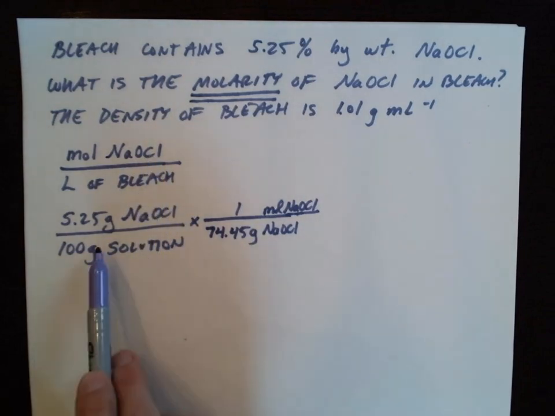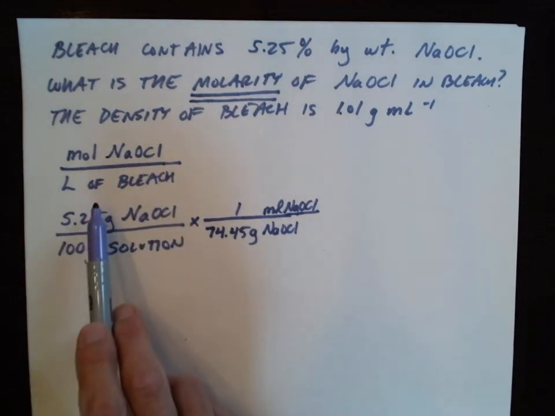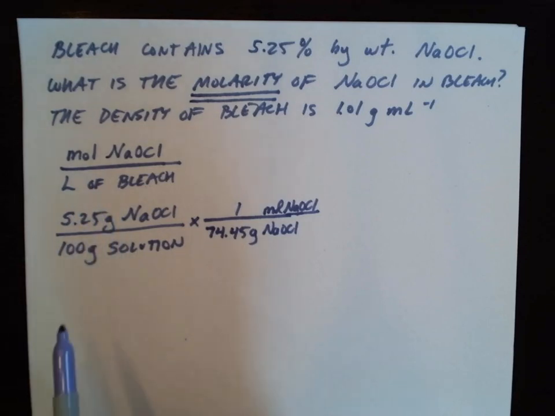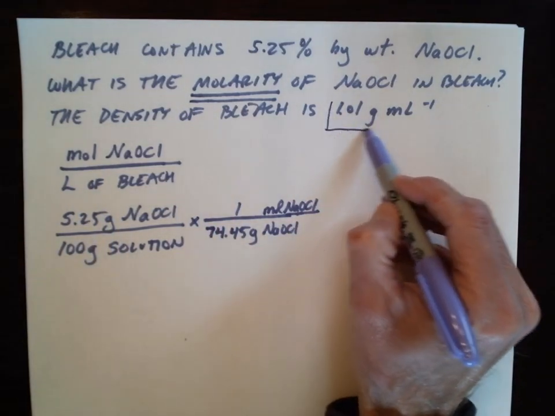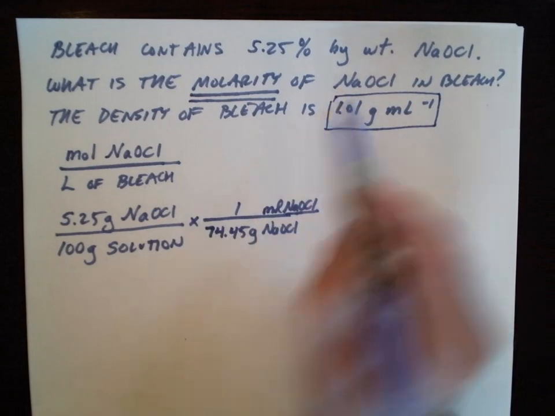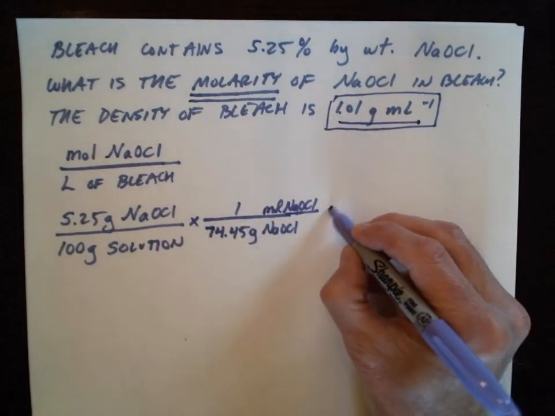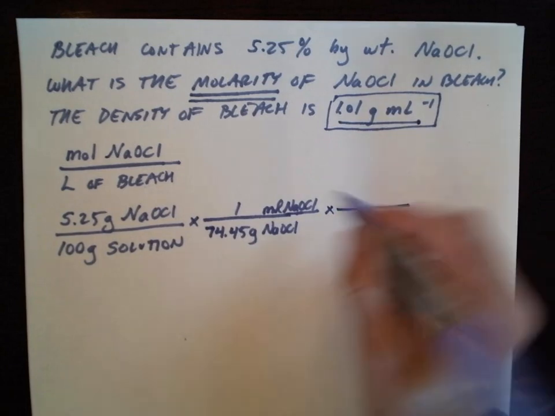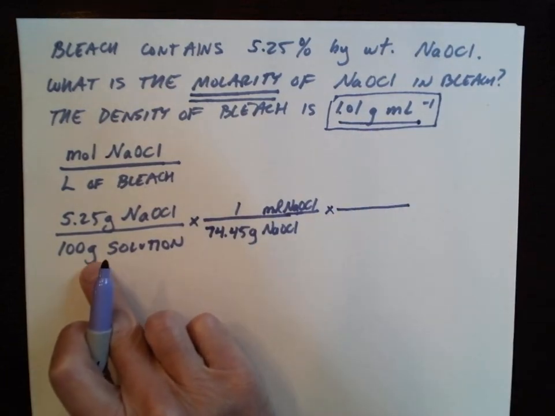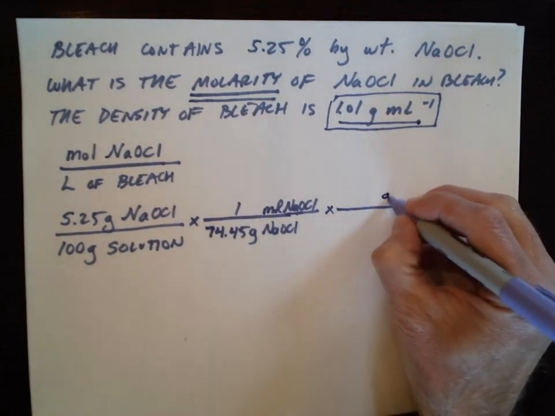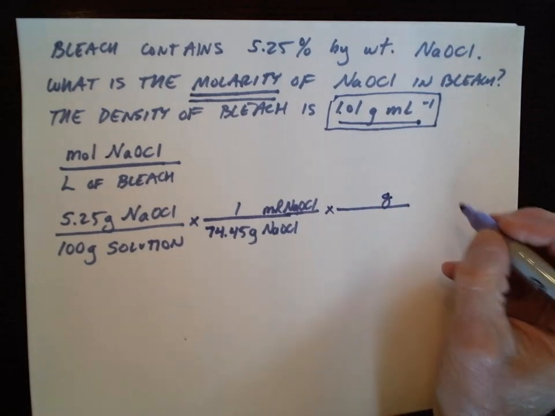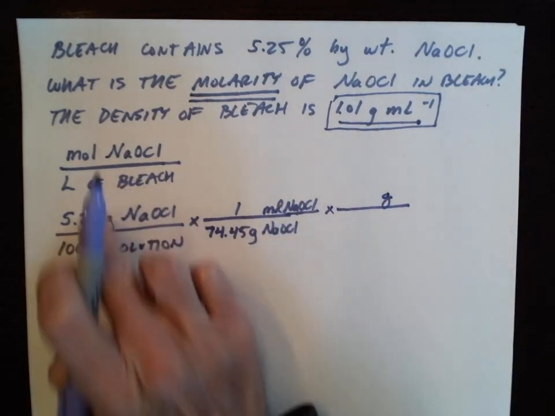Now all we need to do is convert the denominator from grams of solution to liters of solution. This is where the density is going to come in. We want grams to liters. Here we can get grams to milliliters. So let's do that here. We want to cancel grams of the solution on the denominator. So I'm going to put grams on the numerator. And we want liters on the denominator.